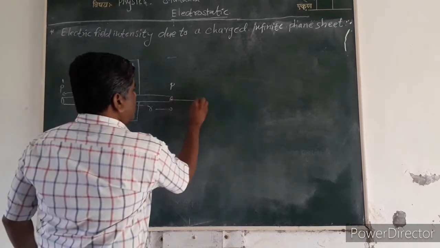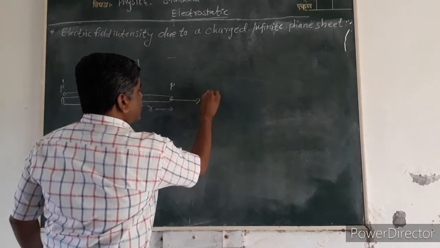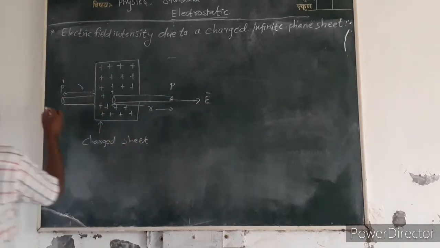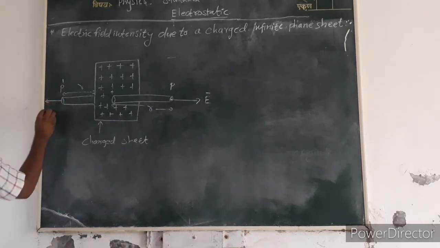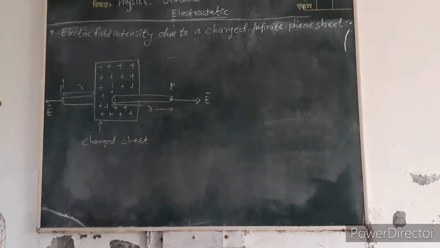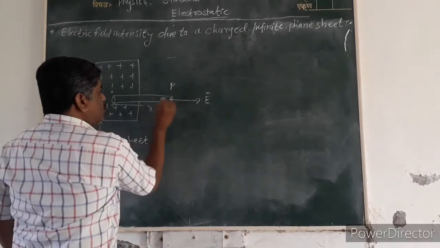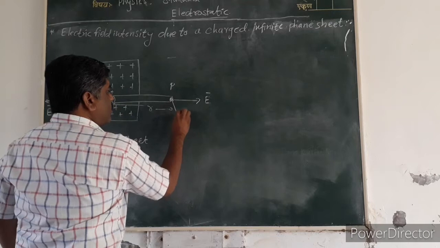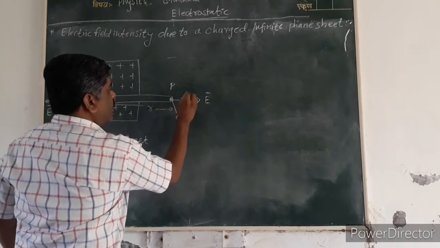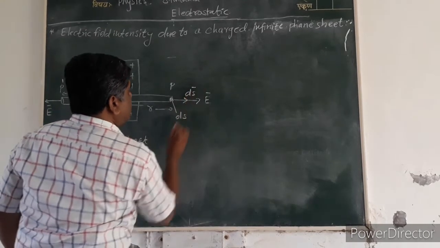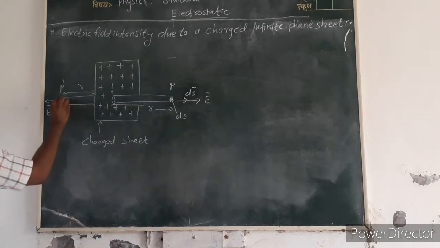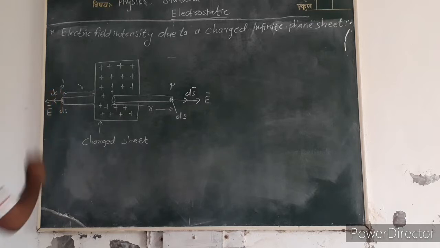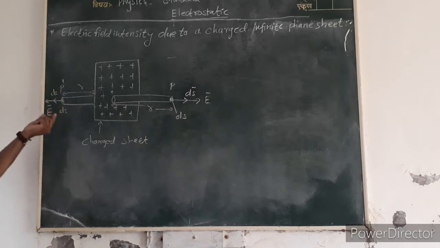That is, we assume this electric field intensity is E bar. In that side also electric field intensity E bar. Also we assume ds is a small cross section area along the direction of E bar. This side is also ds, a small cross section area of that cylinder, along the direction of E bar.